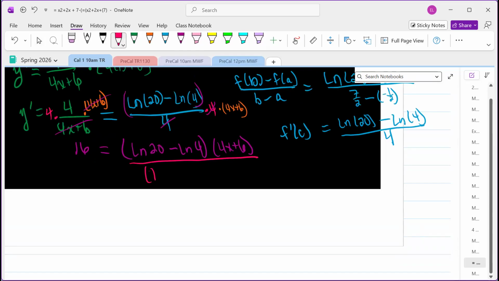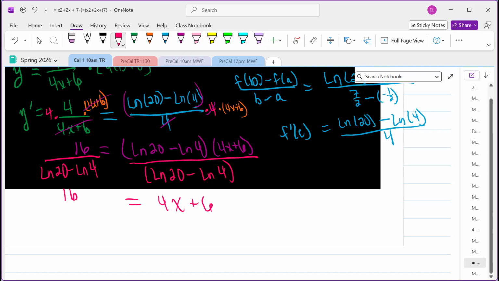So it's going to look weird. But now on the right side, it's just 4x plus 6.